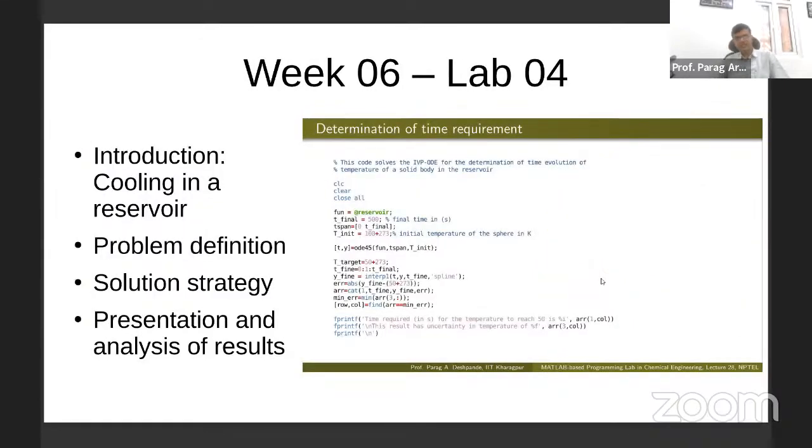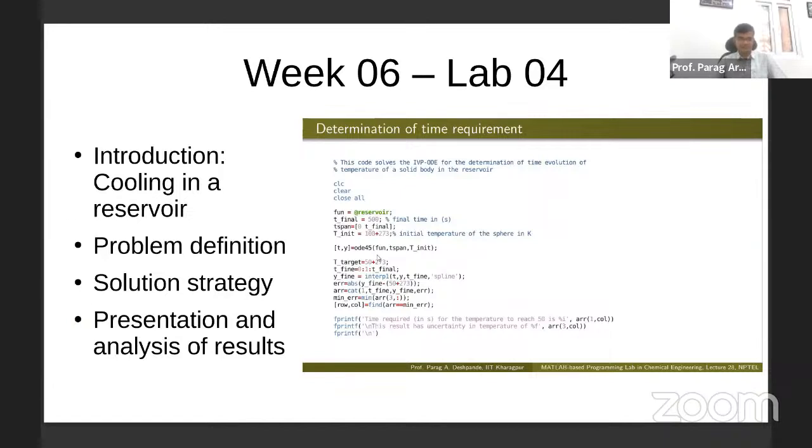So we made the code, and the first and most important thing is how to solve an ordinary differential equation initial value problem. Then you would realize that there is a function here, ODE45. ODE45 is an inbuilt function which tells you how to solve an ordinary differential equation initial value problem. We must realize that this function solves an initial value problem like the one currently under consideration.